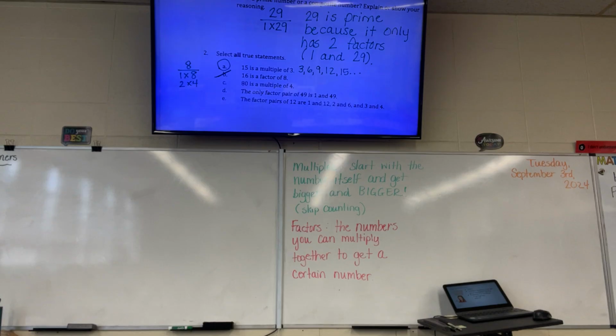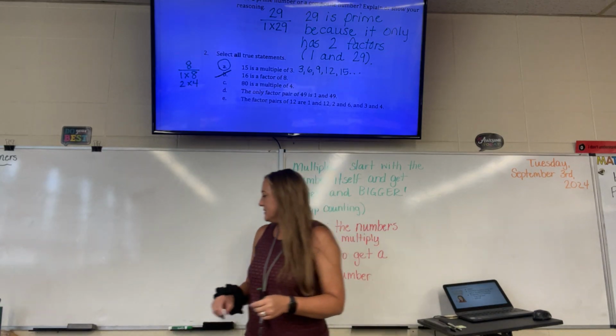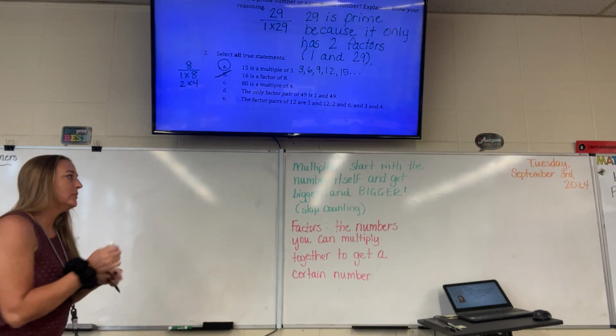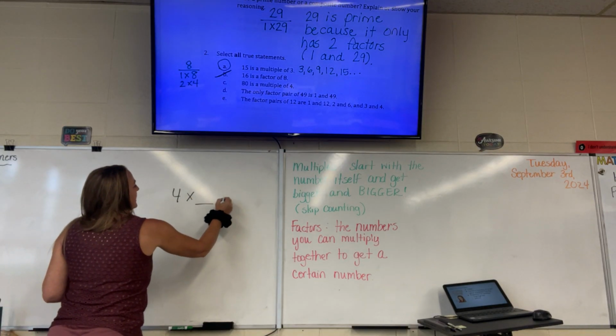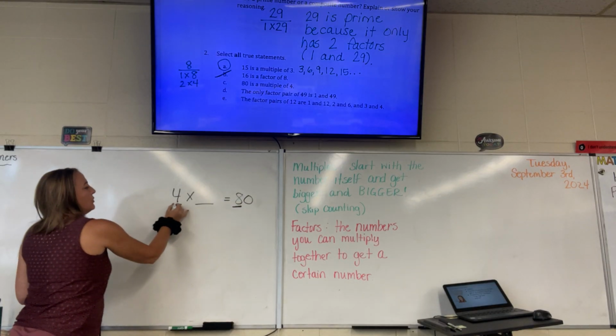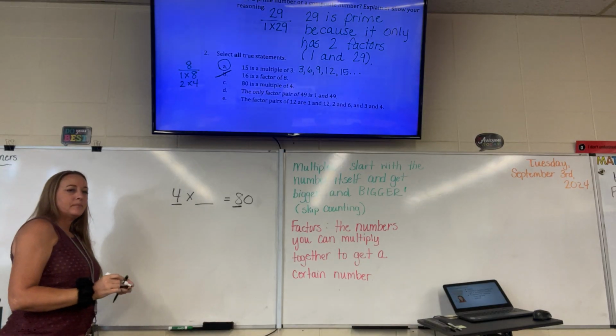Okay. C says 80 is a multiple of 4. That one's kind of hard because 80 is a long way from 4. But watch this. 4 times blank equals 80. Well, first let's look here. 4 times what equals 8, Zerelda? 2.